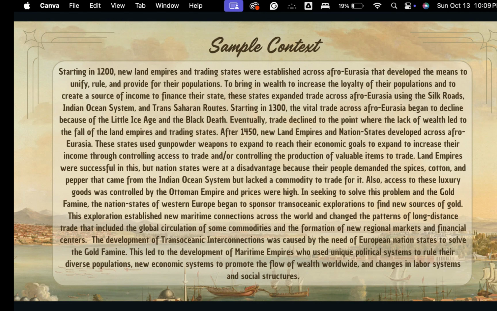But unfortunately, during the 1300s, essentially what happens is because of the Little Ice Age and the Black Death, this trade slows down. Because they slowed down, all these states collapsed.